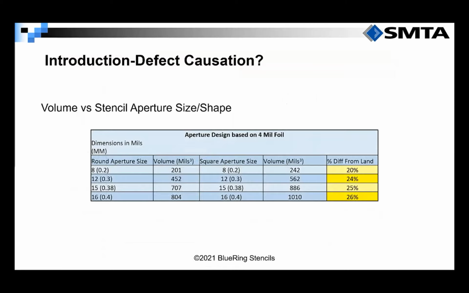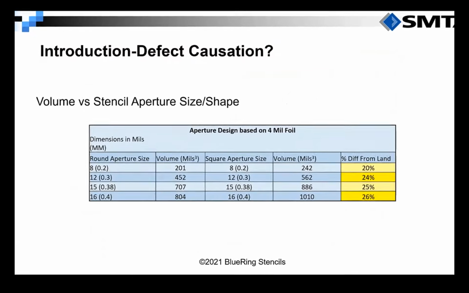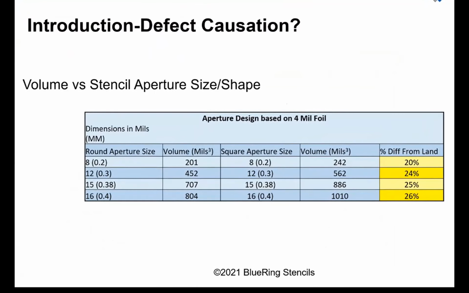I want to show this in a different way using this chart. On the left, I've shown 4 different sizes of round apertures that might be present on BGAs to make a point. In the next column, I've calculated the volume in cubic mils based on a 4 mil thick stencil. So you can see the volume of the round aperture in the second column and the volume of the same size square aperture in the fourth column.